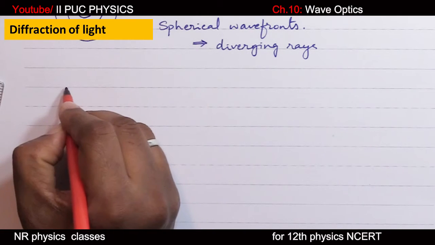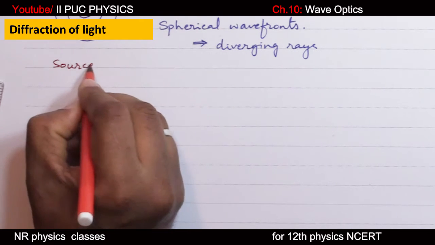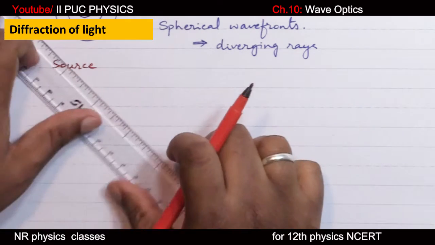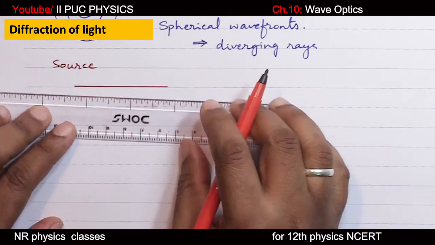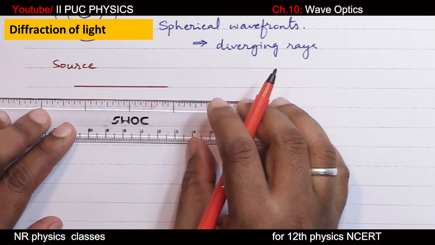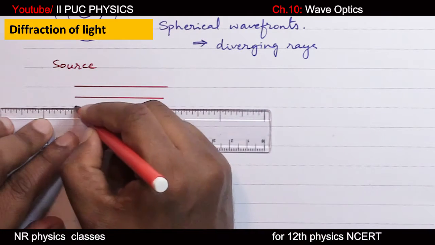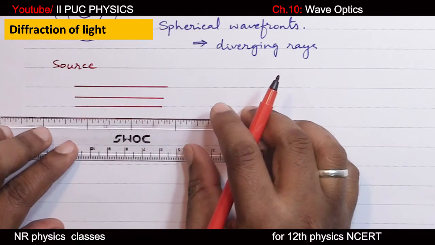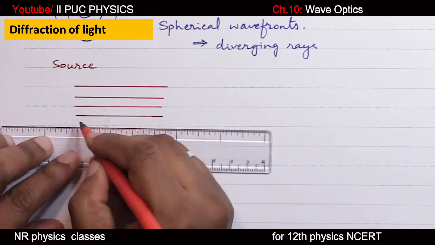If there is a distant source, distance is more, means from this source light rays are parallel in nature, isn't it? So this is how we used to draw parallel rays or beam of light.